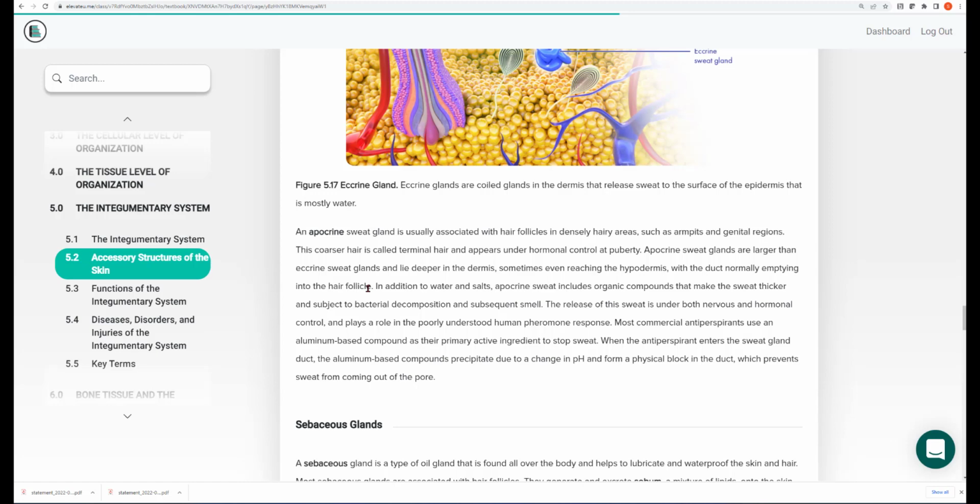Now here's the difference. In addition to the normal water and salt that's produced in regular eccrine sweat glands, these apocrine sweat glands also produce some organic compounds. They make this sweat thicker, and after we sweat this kind of sweat from our apocrine sweat glands, the bacteria love to break down these extra compounds. It's the bacterial breakdown of this sweat that causes that lovely smell, right?